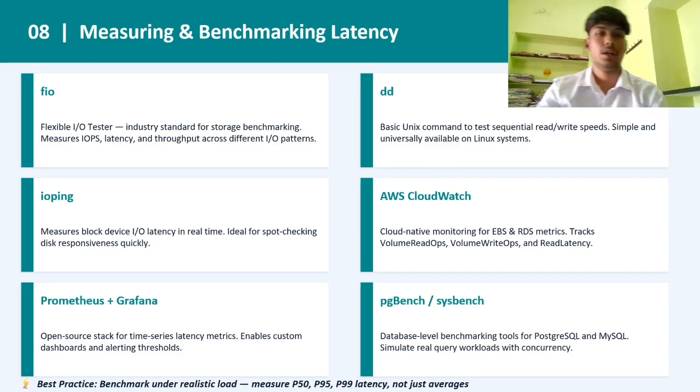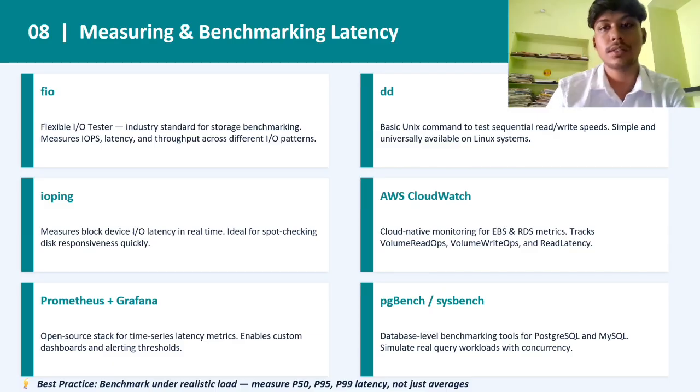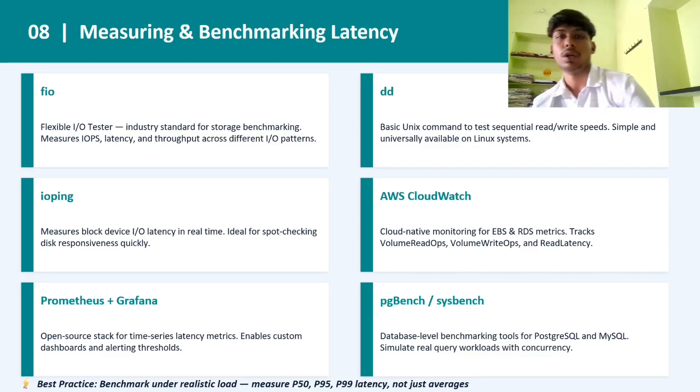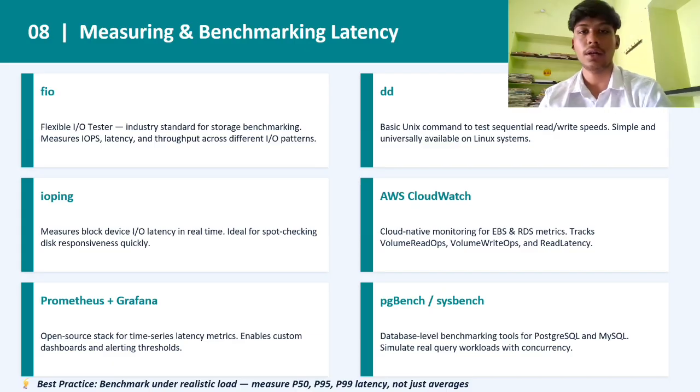Prometheus and Grafana together will give you a powerful open source monitoring stack. Prometheus collects the metrics every few seconds, and Grafana turns them into beautiful dashboards with alerts. And for database specific benchmarking, pgbench for PostgreSQL and sysbench for MySQL simulate a real query workload with multiple concurrent users.